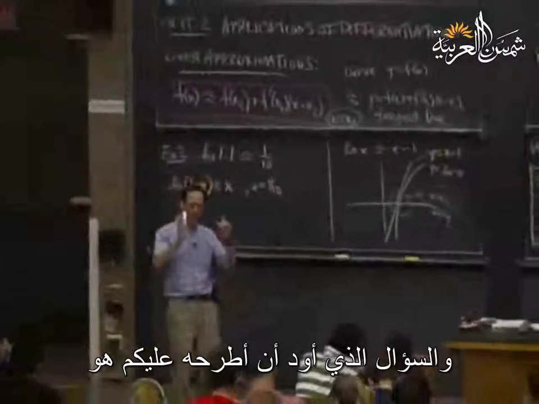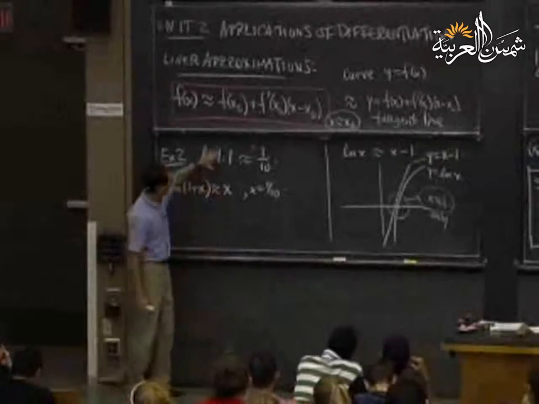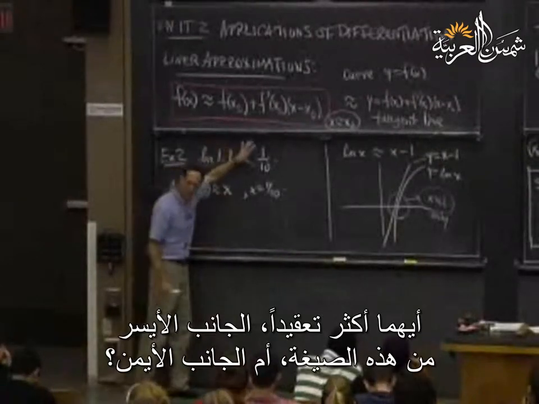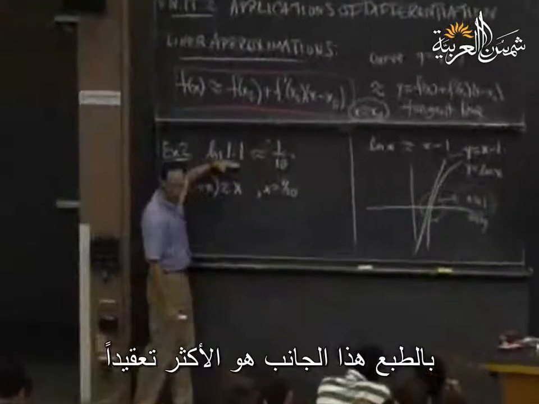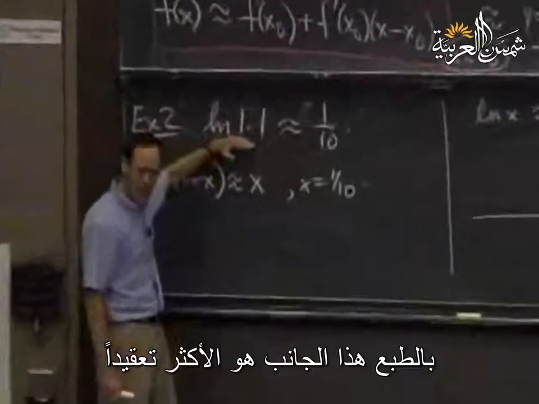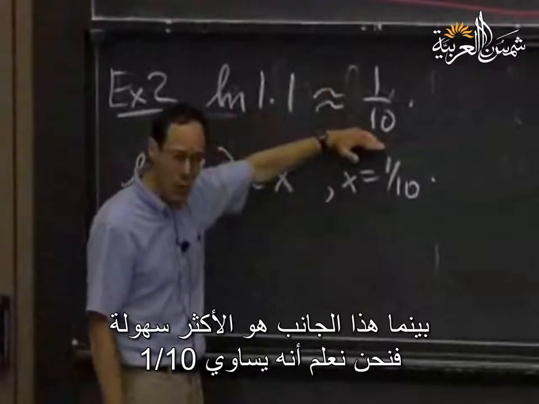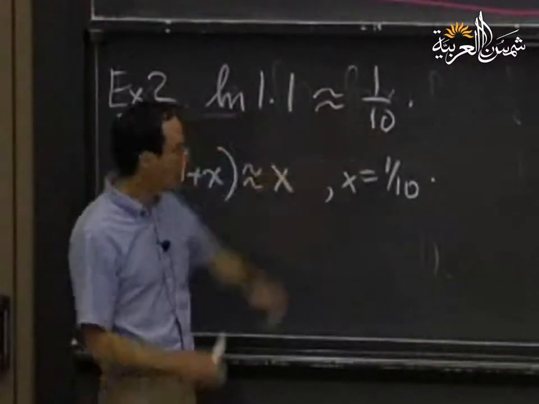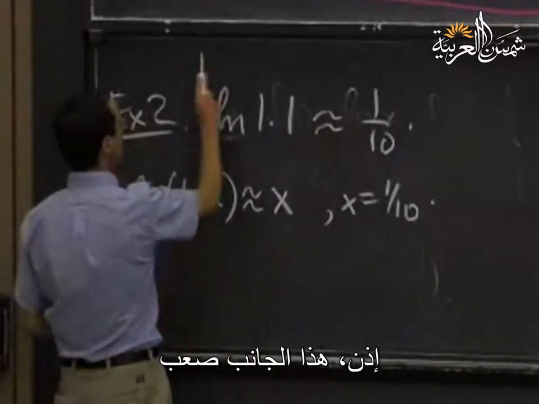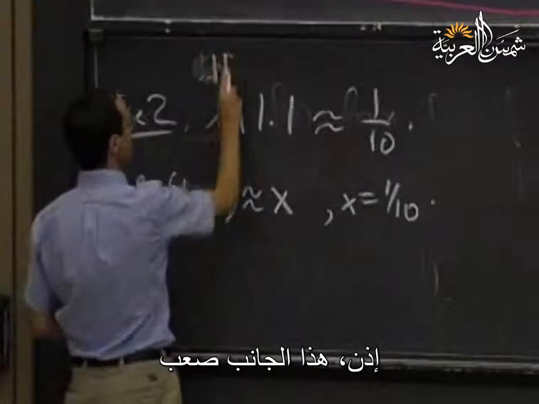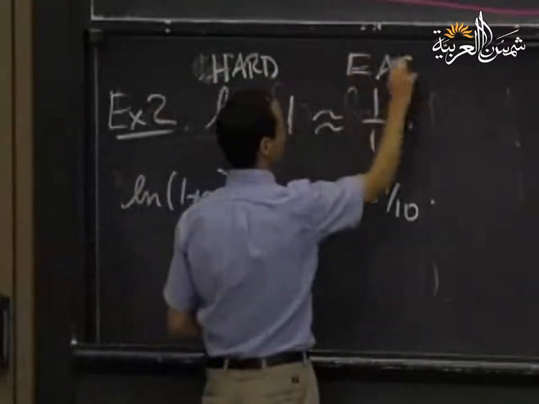Now, the first question that I want to ask you is, which do you think is a more complicated thing? The left-hand side or the right-hand side? I claim that this is a more complicated thing. You'd have to go to a calculator to punch out and figure out what this thing is. This is easy. You know what a tenth is. So the distinction that I want to make is that this is hard, and this is easy.